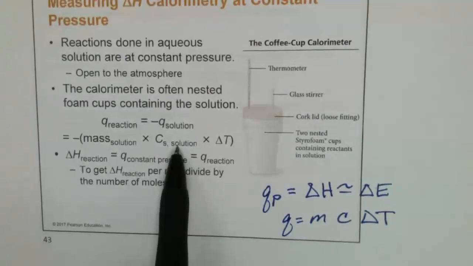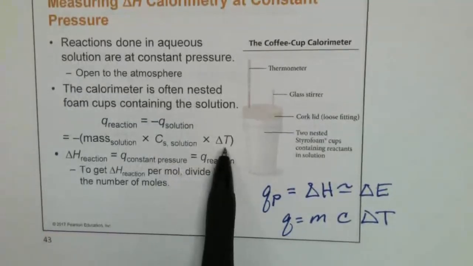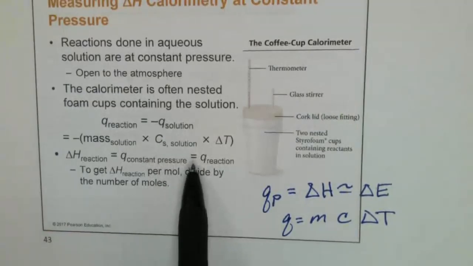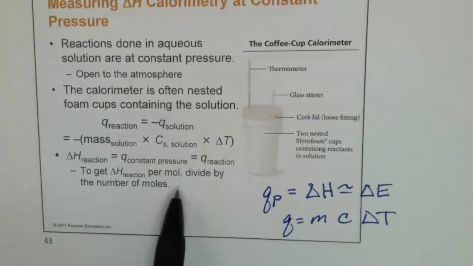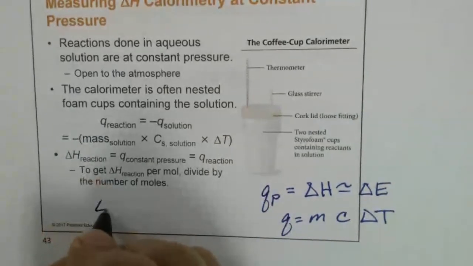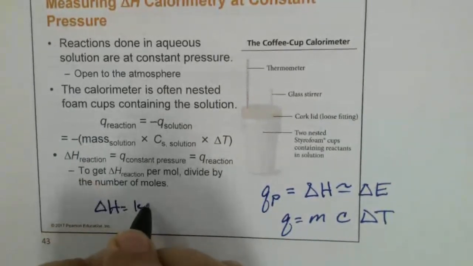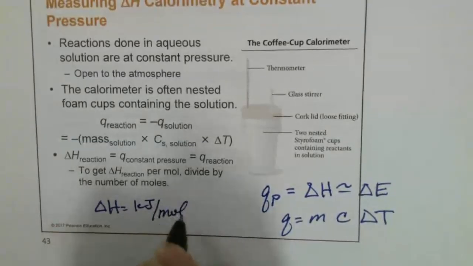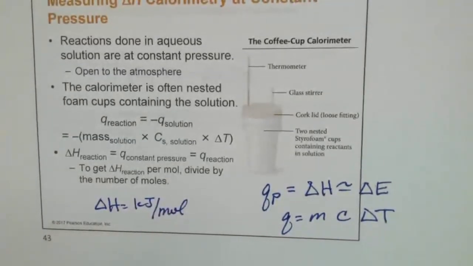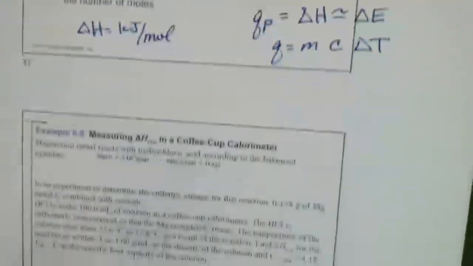Usually most solutions are primarily water, so it's not uncommon to see the specific heat of water used here, and the change in temperature. From that, we can get how much heat is given off for the reaction and then change that to per mole, because remember, delta H is always in kilojoules per mole, and get how much energy is given off from one chemical reaction. So let's take a look at a situation and work through how to do that.